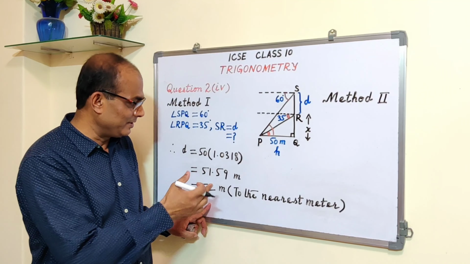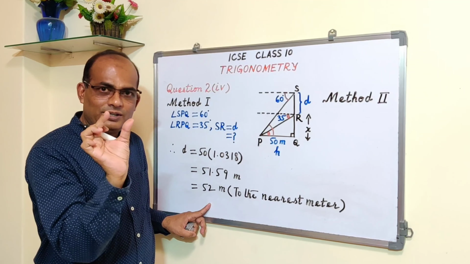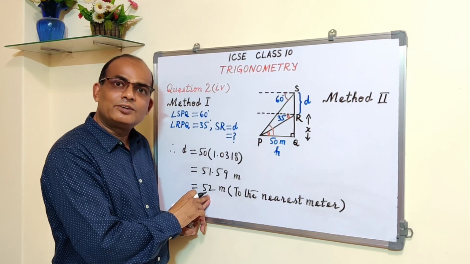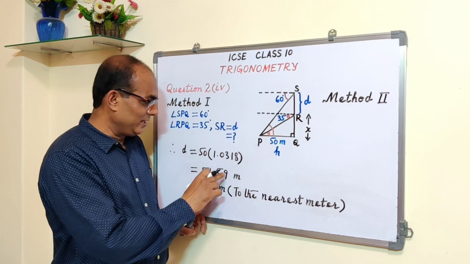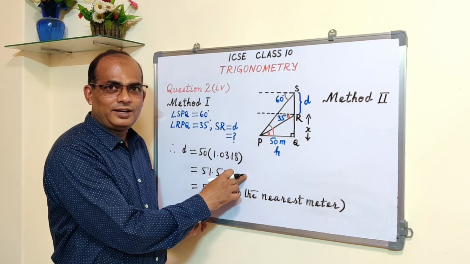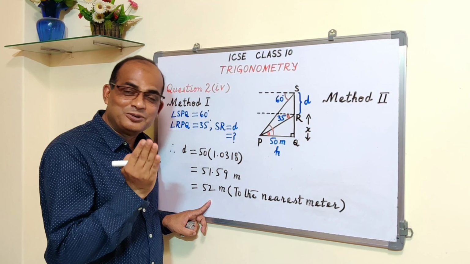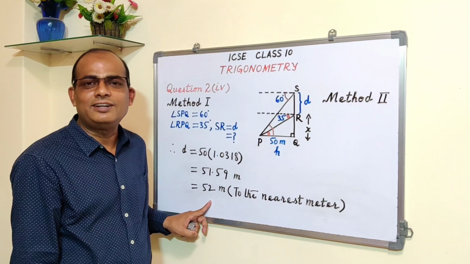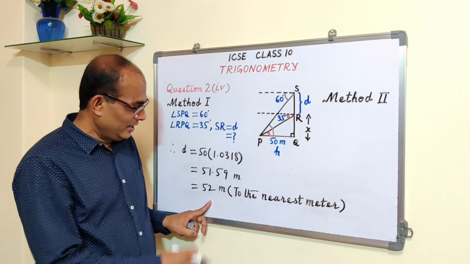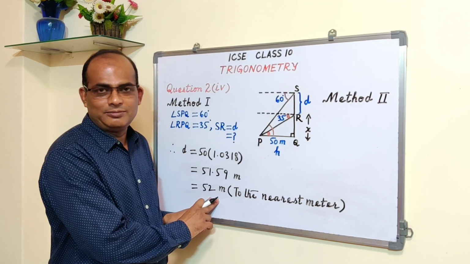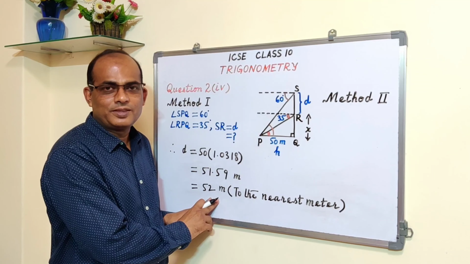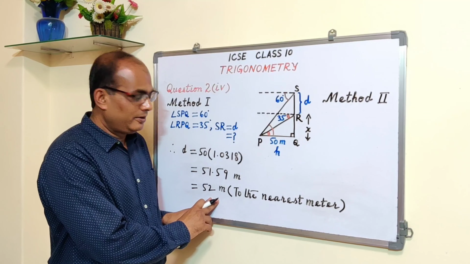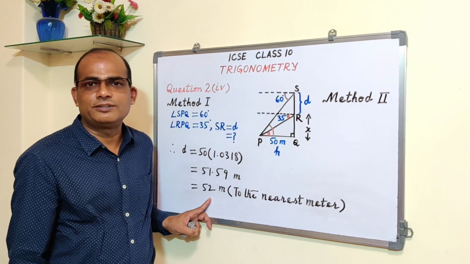Sometimes the last one small sentence you don't read, where it is said that you write down the answer correct to the nearest meter, and you are leaving your answer. Something which you know, and for that you are losing marks. So please read the question carefully. If you don't write down this, you lose 1 mark. In mathematics, in the ICSE board, there is no half mark. Okay, so your answer is 52 meters.